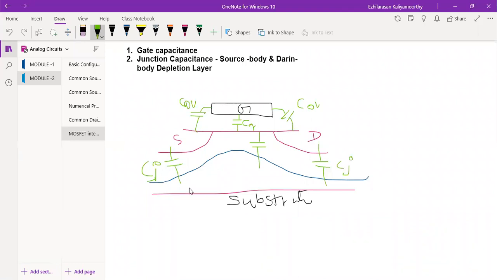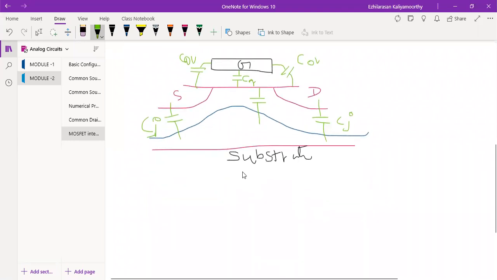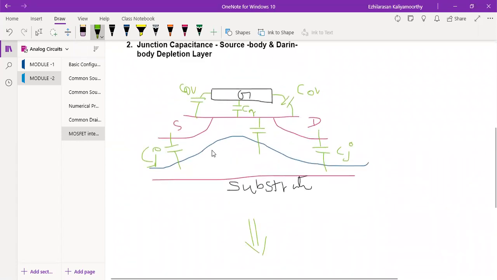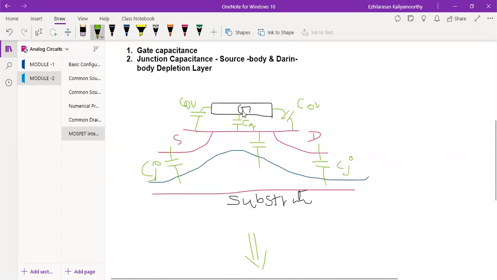See, these are the various capacitances in terms of the cross section. In the same way, there is the capacitance between the gate and the channel, that is gate capacitance. The capacitance between gate and source I call CGS. And this is CGD, the capacitance between gate and drain.